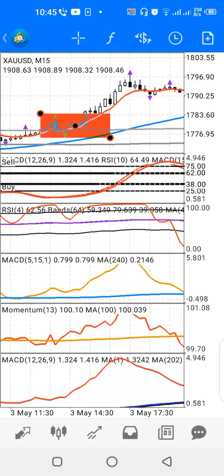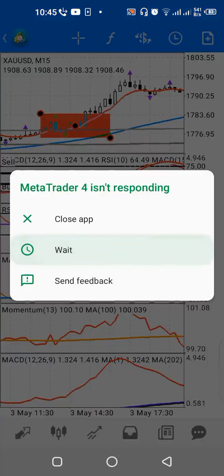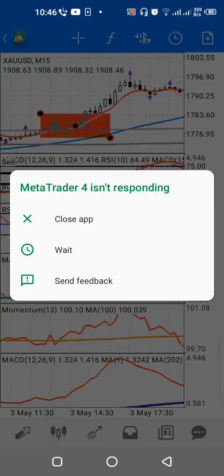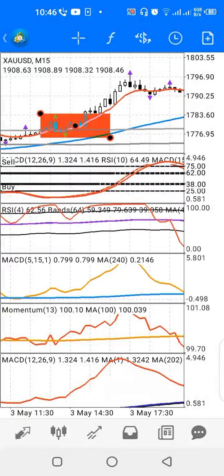Don't forget the first two bullish candle closes will give you the buy signal, and for a sell signal, the first two bearish candle closes will give you the sell signal. All right, don't forget that when the red line is above all the lines, you are sure of a buy trade or a buy signal.